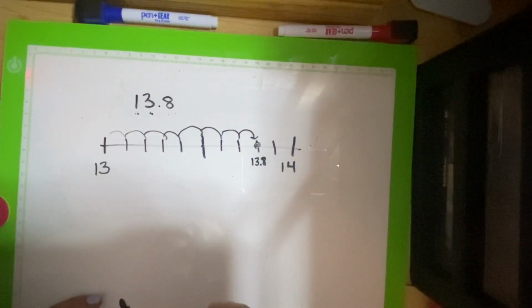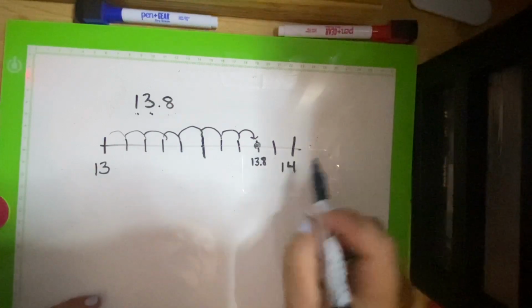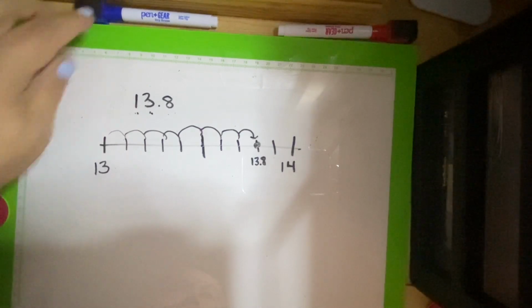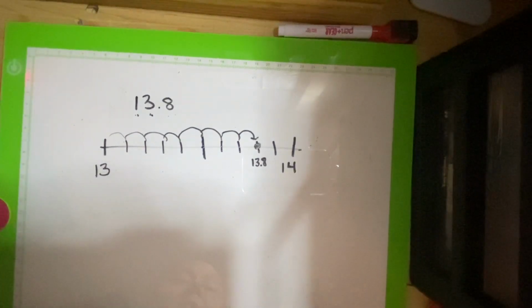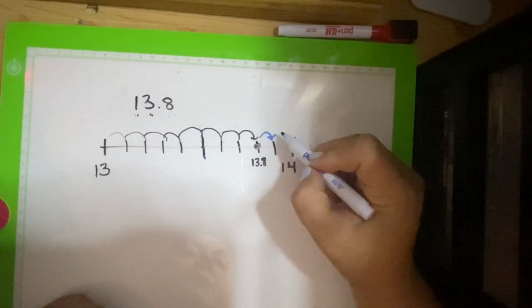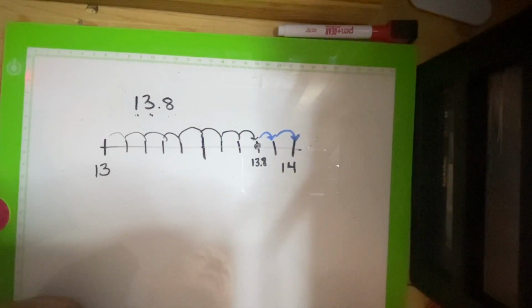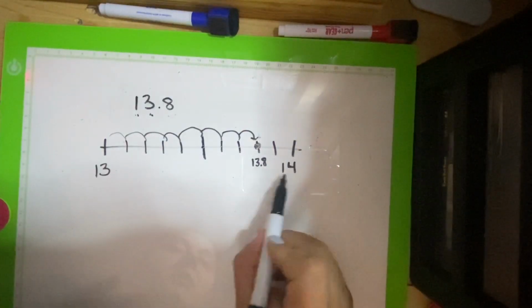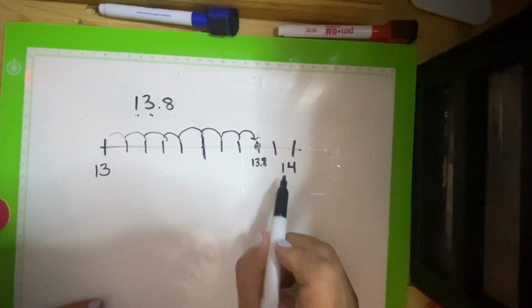How many more tenths do I need to get to 14? Well, I can look at it and simply say, okay, I can see I only need 2 more tenths, and then I have 14. But if you don't have this written out, you can simply say, okay, my next one is 14.